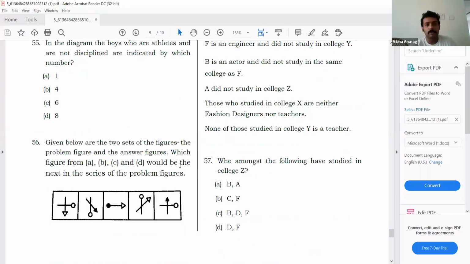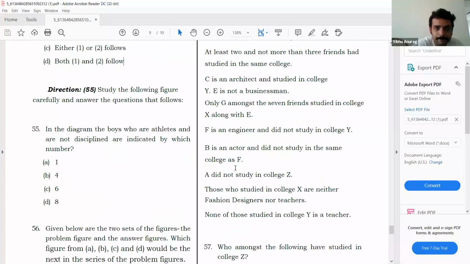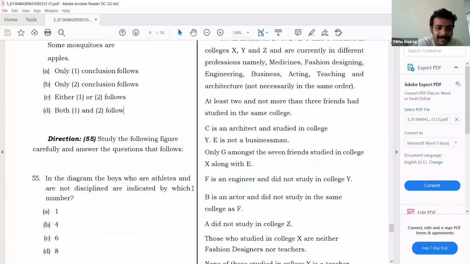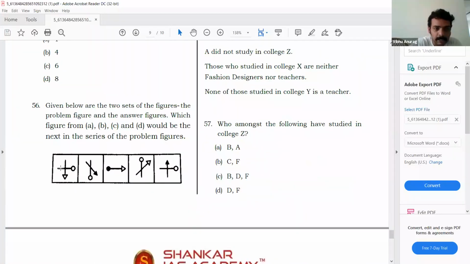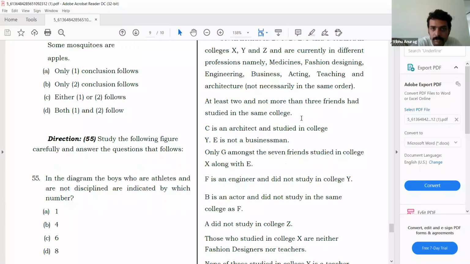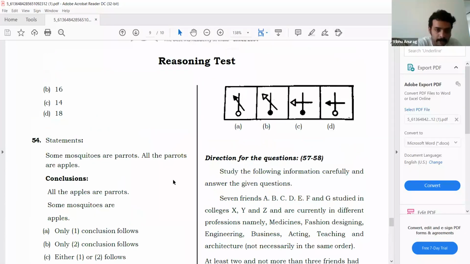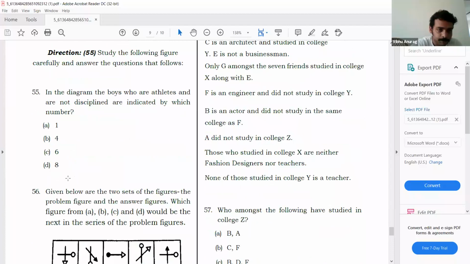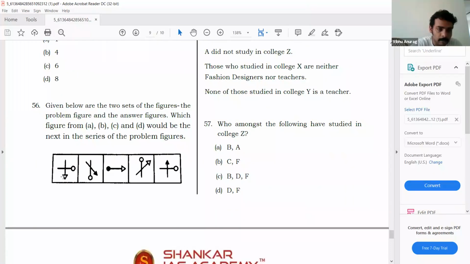Given below are 2 sets of figures, problem figure and the answer figure. Which figure would be the next in series? See the line with the circle. It moves in a clockwise direction. So now it should face downwards. Circle should face downwards. So that's all of them. Wasn't really helpful. And the triangle moves in an anti-clockwise direction by 45 degrees.